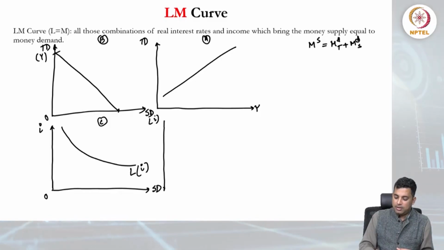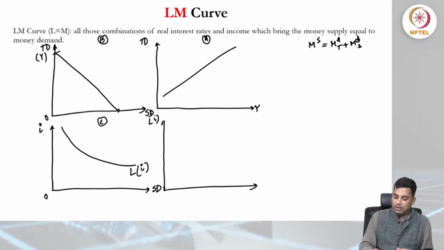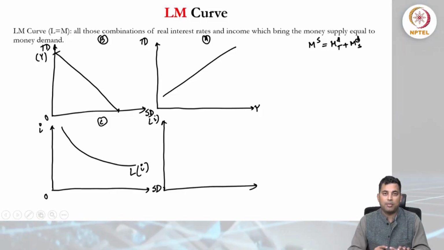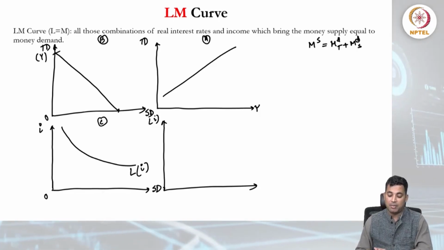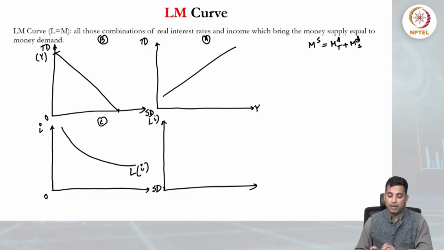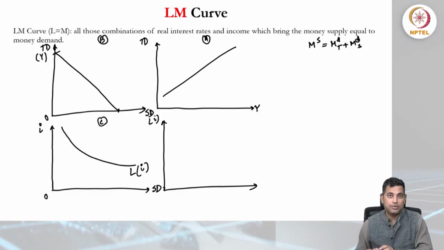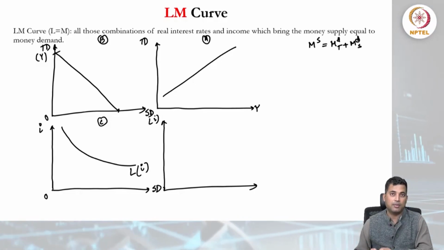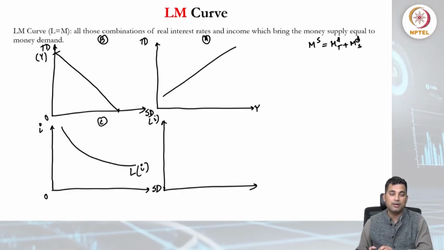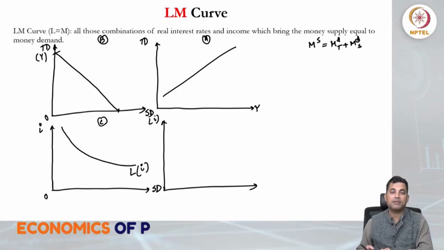So this is panel C. Now if we bring all the different functional relationships in the money market together, what is the curve that we will get to represent the money market?